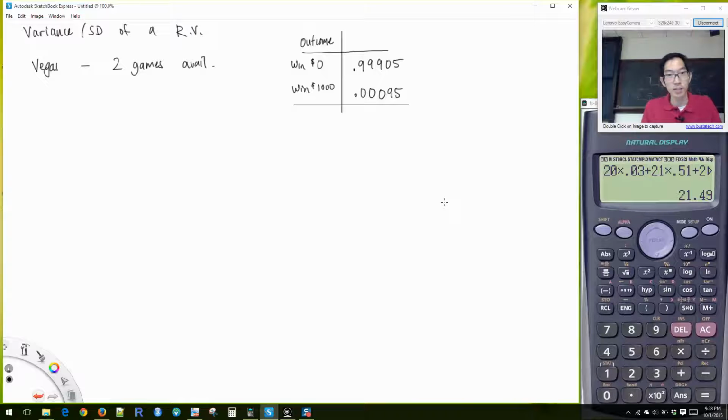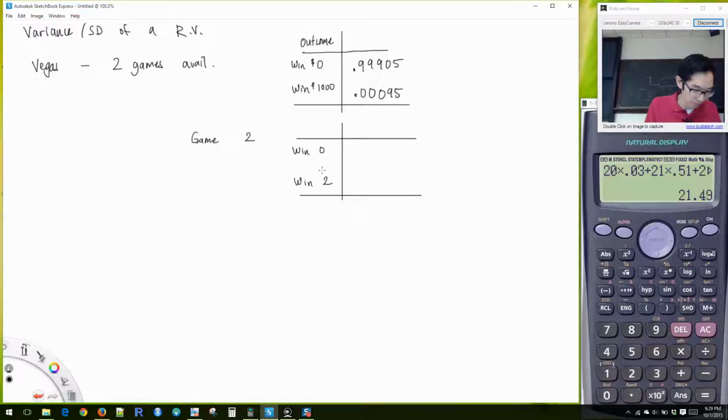Okay, and then the other game, game 2, let's say this happens with probability 0.475, which means this happens with probability 0.525. Okay.